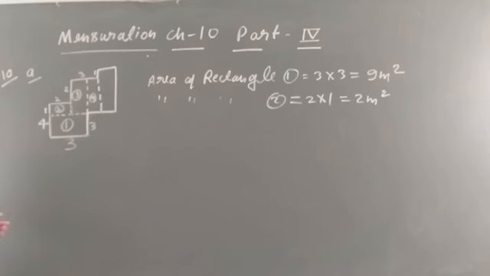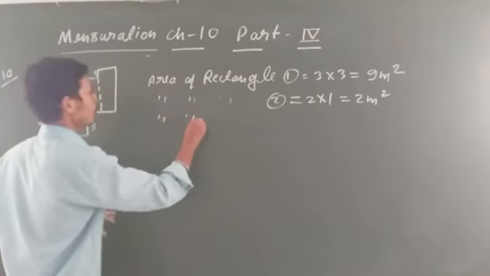So for this what we can do, student, you know that this one is also 2. How? From this point to this point, this is also 2 na, because this is equal to this. Ab if total is 3 and you know this is 2, so this will become what? This will become 1. Simple, because total is 3, from here to here this is 2, so 3 minus 2 becomes 1. Clear? So breadth is 1, and from here to here 2 and from here to here 1. Yani total, if you want this one's length, the length is 3.